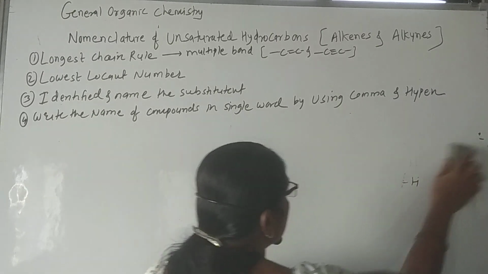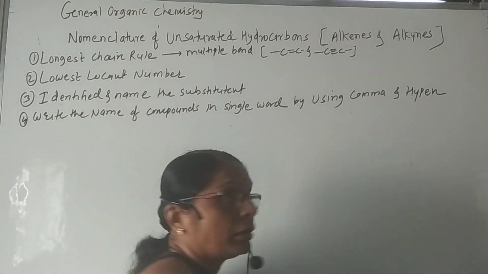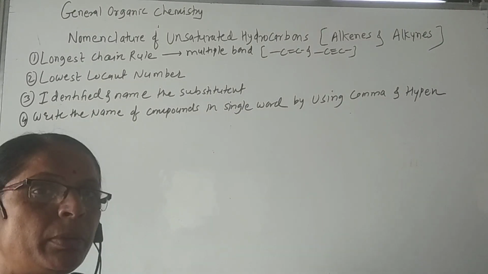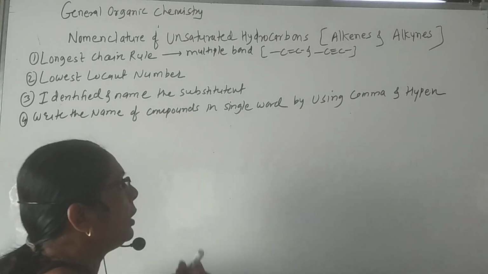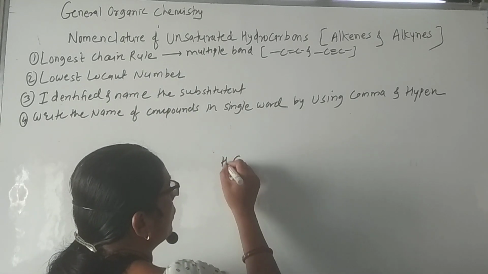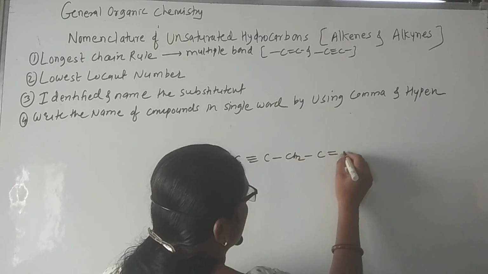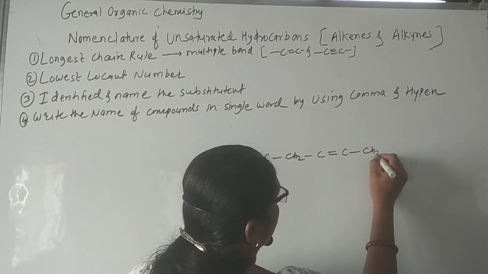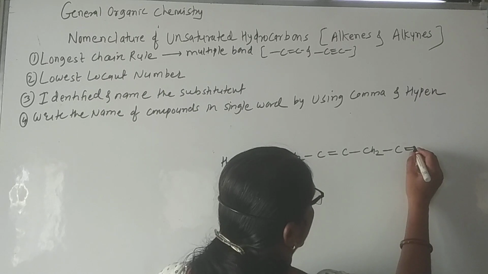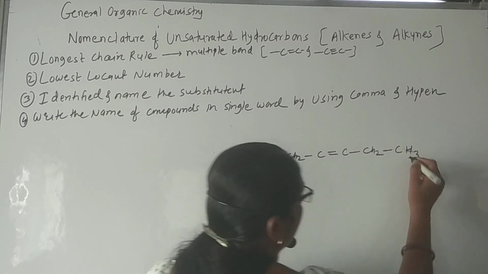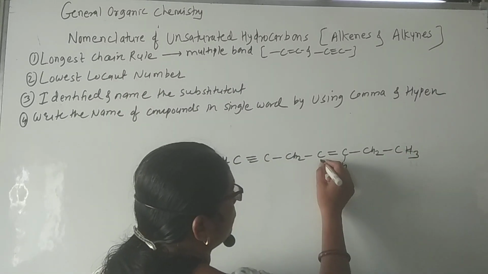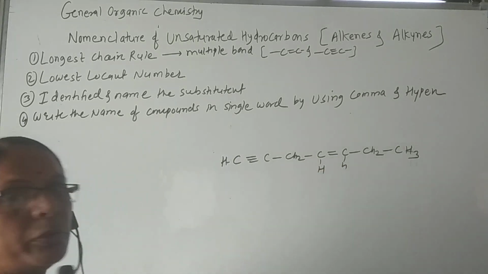Suppose we are considering an example where a multiple bond, a double bond or triple bond, comes in; then give the numbering so that your multiple bond gets the least possible number. Suppose I consider an example like this. So we are taking a simple example.